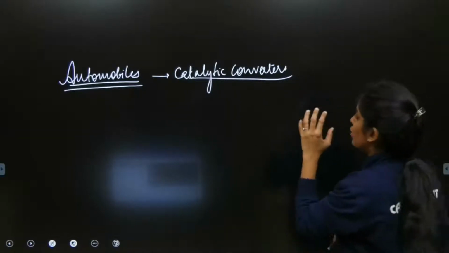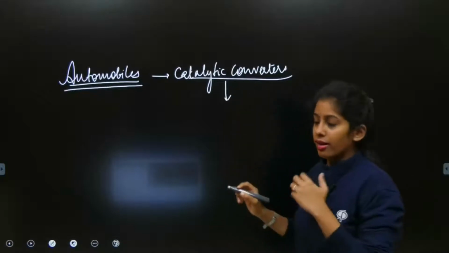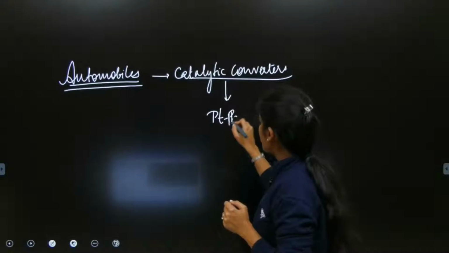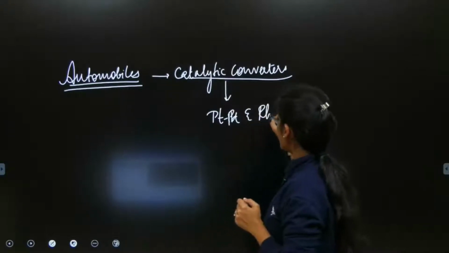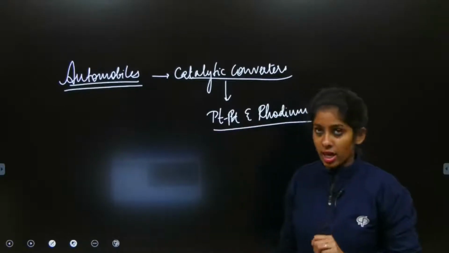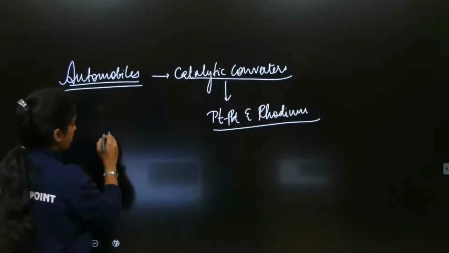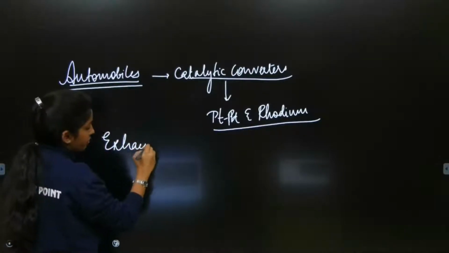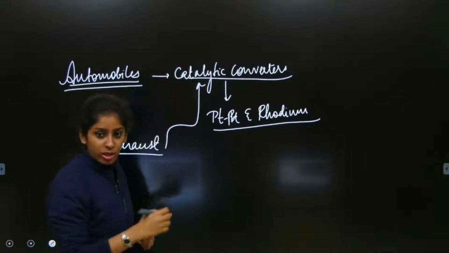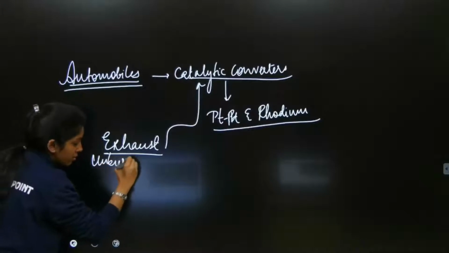So in automobiles, you have catalytic converters where you use heavy metals like platinum, palladium, or rhodium. These heavy metals are used as converters here. When your exhaust passes through these catalytic converters, your exhaust will contain unburnt hydrocarbons.